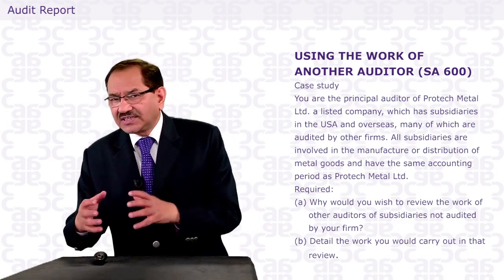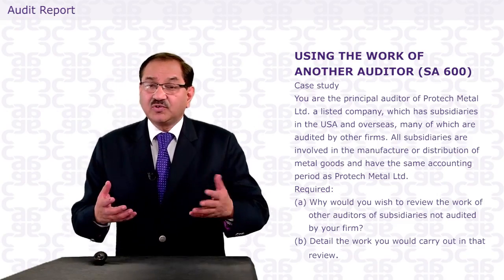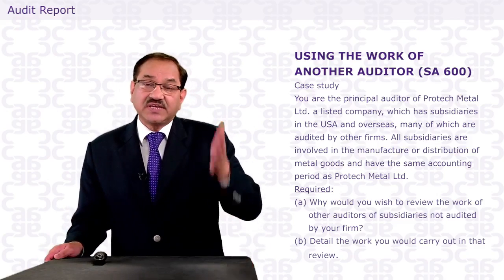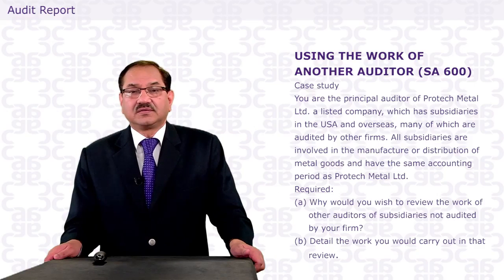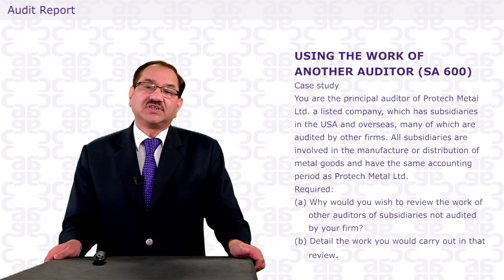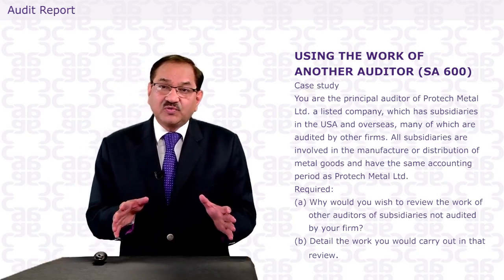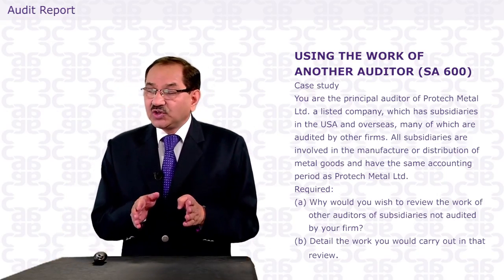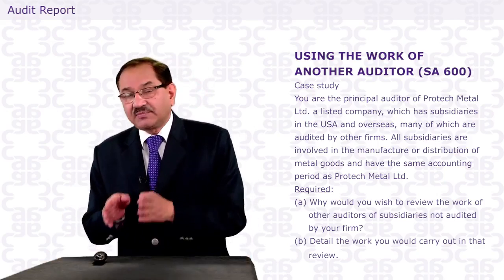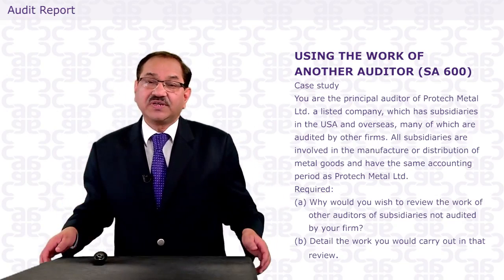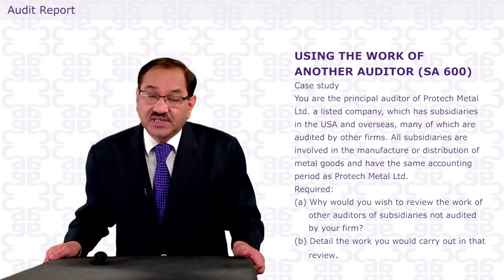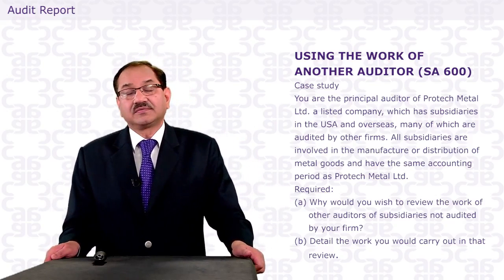When you are using another auditor's report, you have to apply a due diligence process as mentioned in SA 600. You have to apply those procedures. Without review, because ultimately you will be writing in your report, in an other matter paragraph, that for that purpose you have relied on the opinion of the branch auditor or the subsidiaries' auditors to that extent.